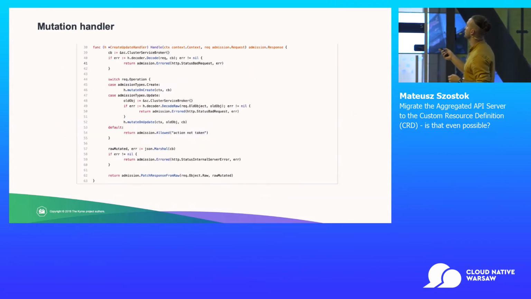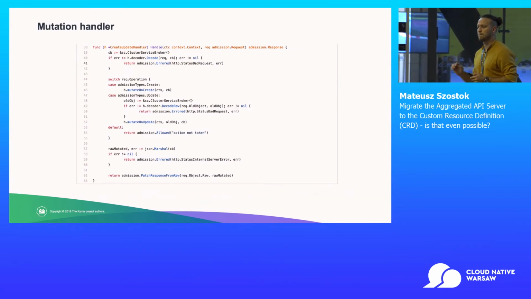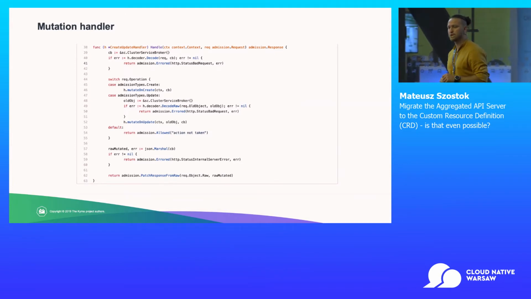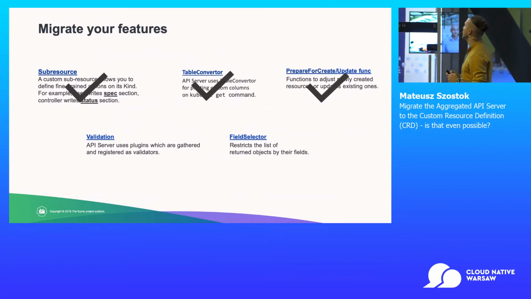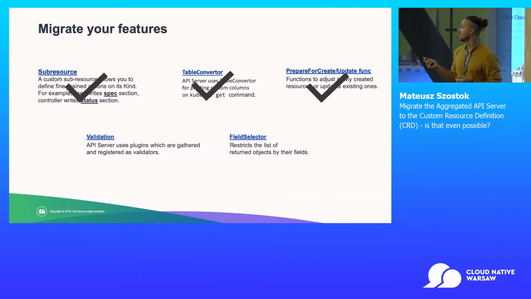It's pretty simple. And after that, you return a patch response back to the API server. And that's it. Controller runtime gives you all that sugar in your code. So basically, you are executing only functions from that library. So we already migrated our functions from my API server.